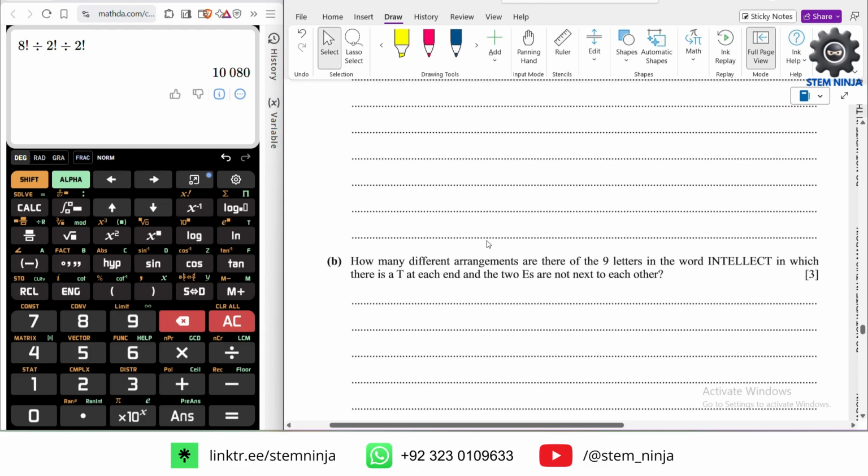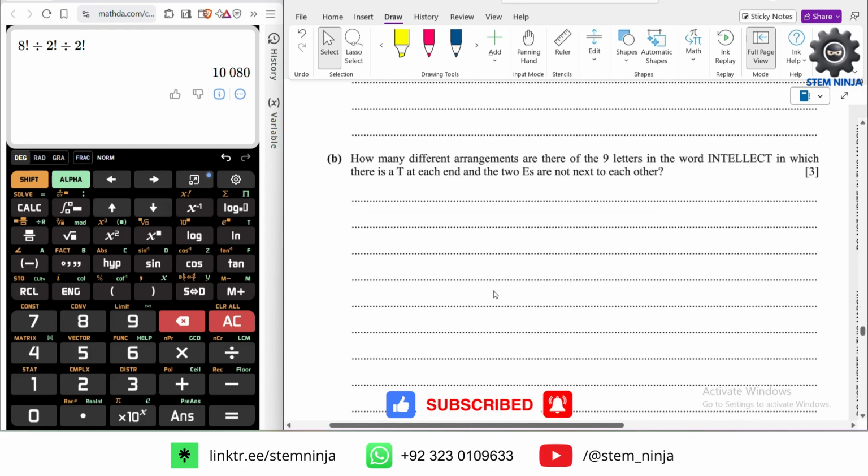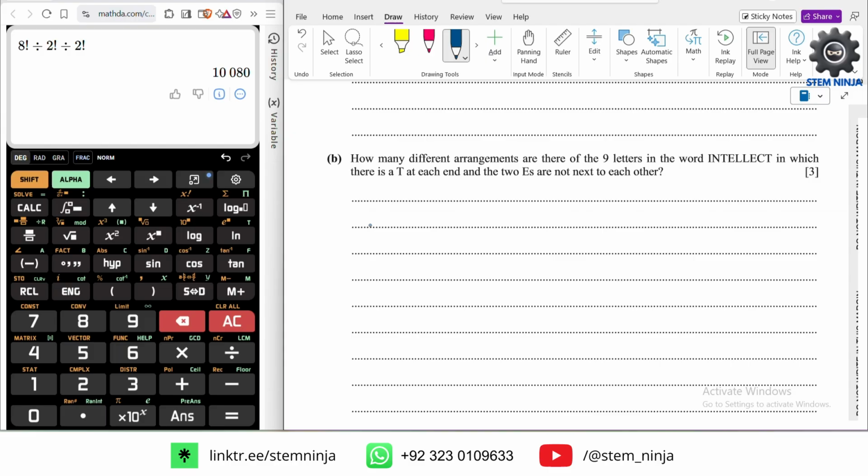Alright. How many different arrangements are there of the 9 letters in the word intellect in which there's a T at each end and 2 E's are not next to each other? Okay. So 9 letters.